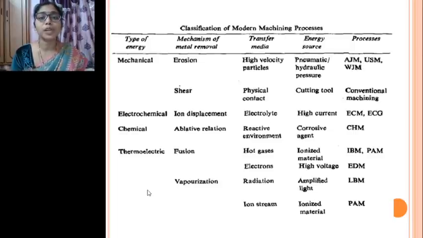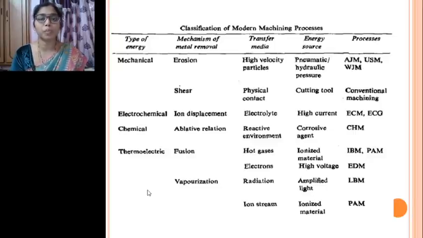As the tool is not in contact, the forces generated in an unconventional or non-traditional machining process will be much lesser. As the forces produced are less, the power required for that particular process also becomes less in unconventional material removal.